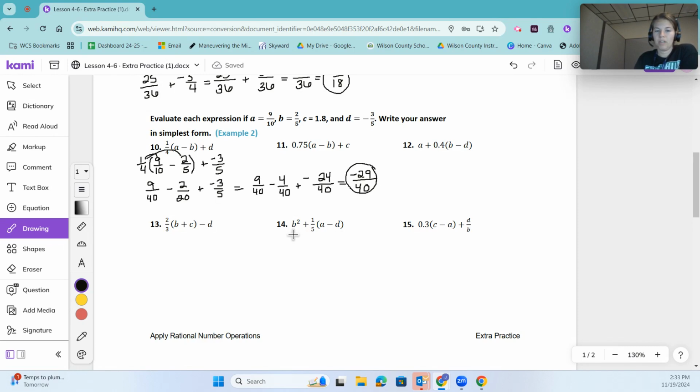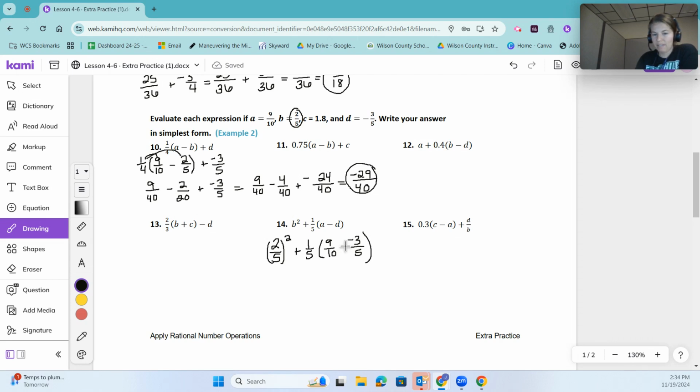Let's come down here. The last example I'm going to go through is going to have B squared. B is 2/5. Remember I am always referring back up here to see what my variables represent. So 2/5 squared plus 1/5 times A, which is 9/10, minus D, which is negative 3/5.